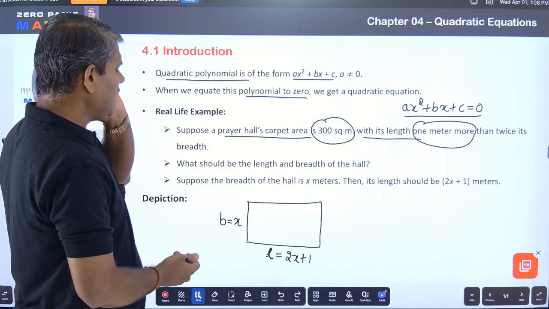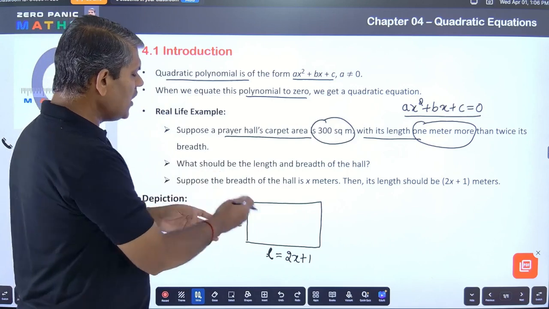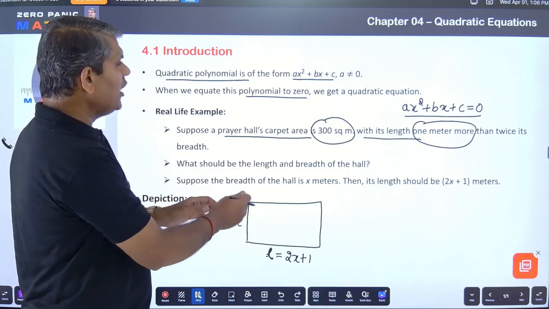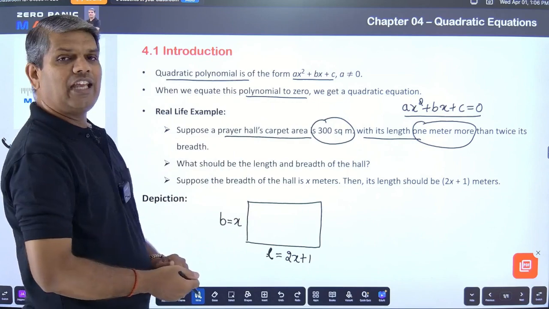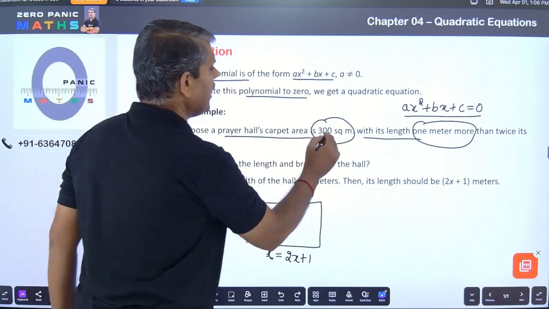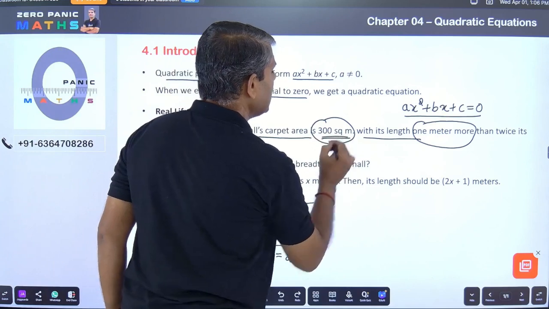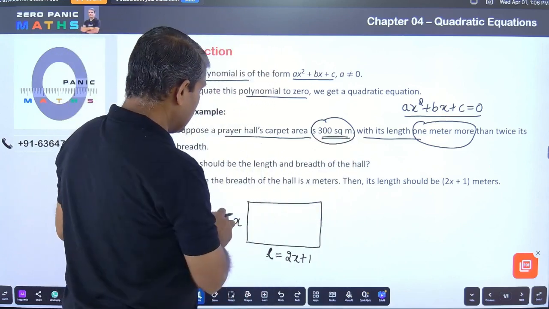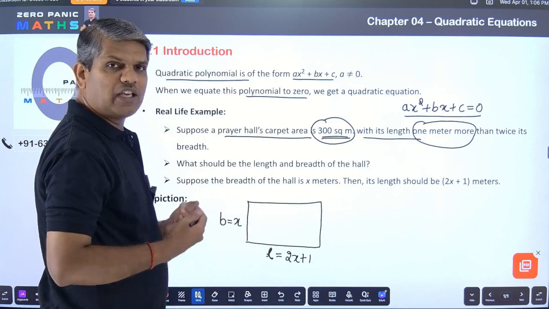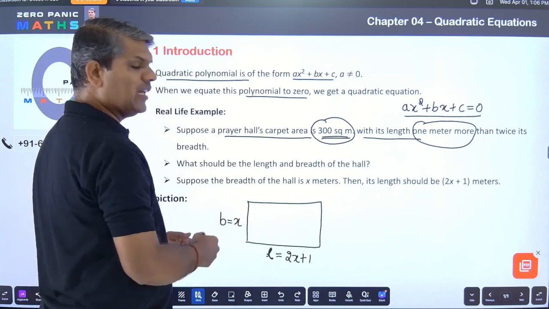Then how can I convert this given data into a quadratic equation? Since they have given that the area is 300 square meters, breadth into length will give us the area of the rectangle, right?